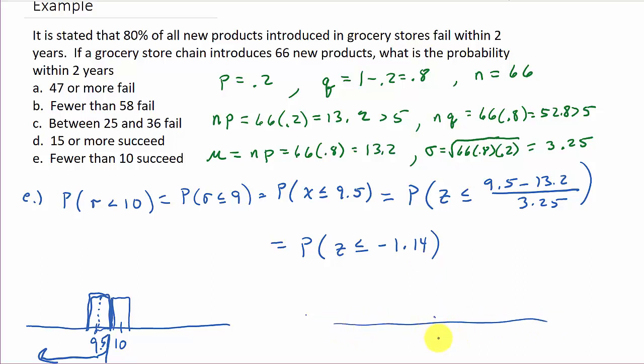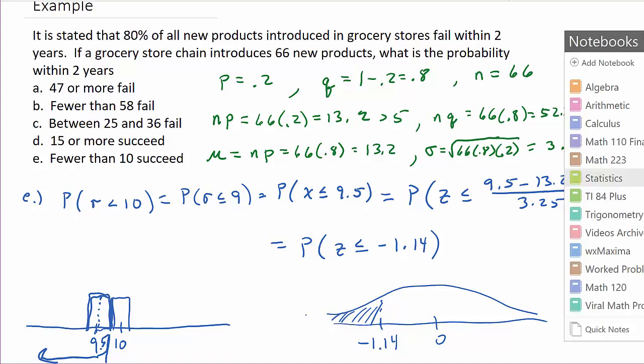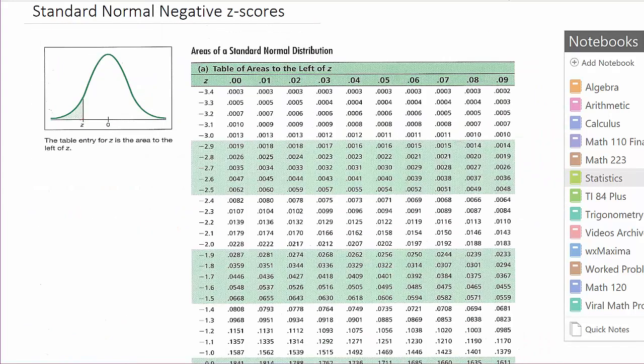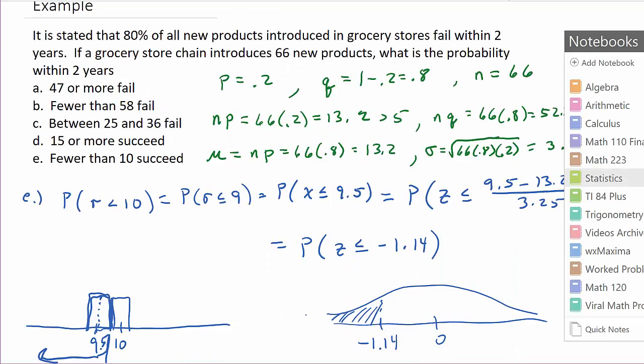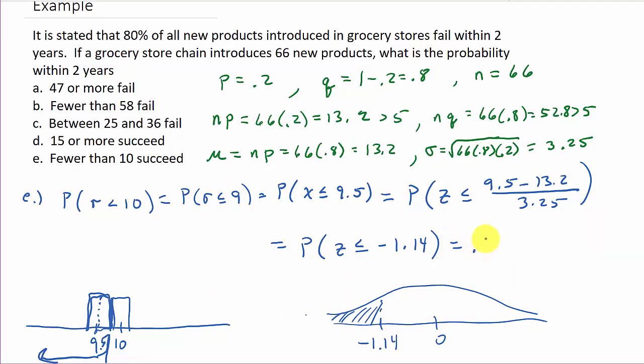And so there would be negative 1.14, and I need the area to the left. Negative 1.14, that would be 0.1271.